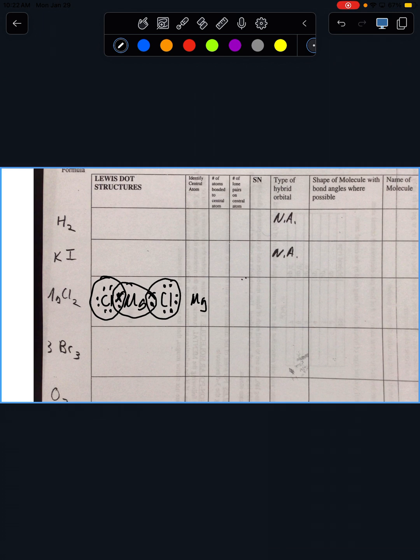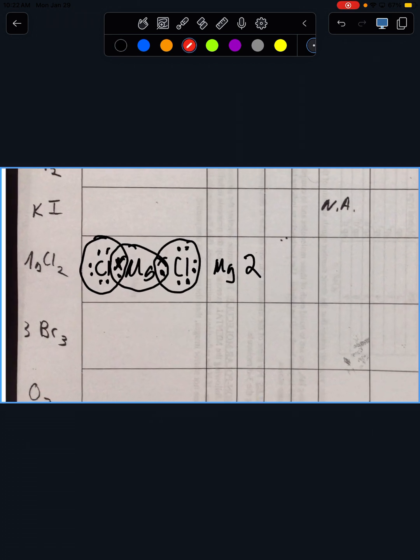And then, Tessa, how many atoms are bonded to magnesium? 2. There are no lone pairs. So I don't know if you remember, Emmanuel, this would be a lone pair. Okay, so 2 electrons like that, that would be a lone pair. But we don't have that. So that's 0.